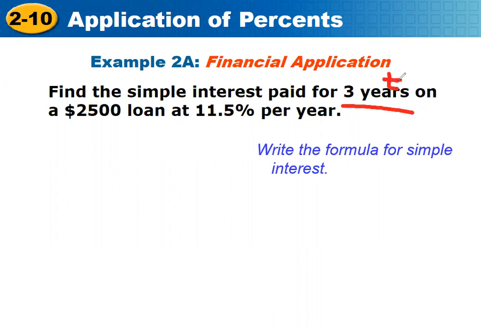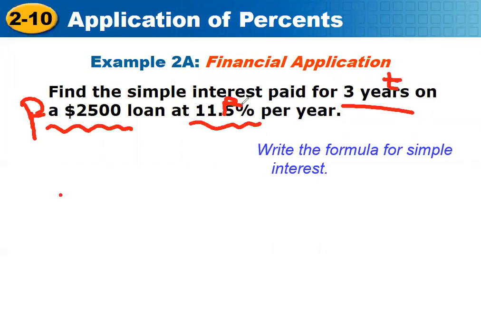On a $2,500 loan, so this one represents what? Think with me, grade 9. It represents the principal. Yes, good. At 11.5%. So 11.5% represents what? This one represents R. Okay?